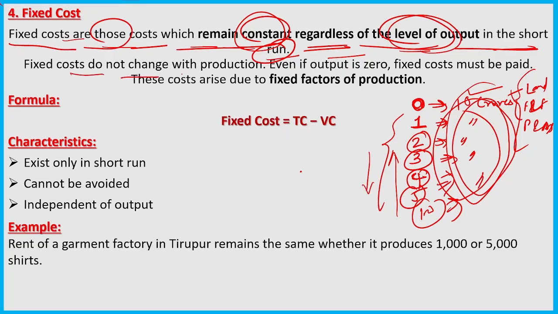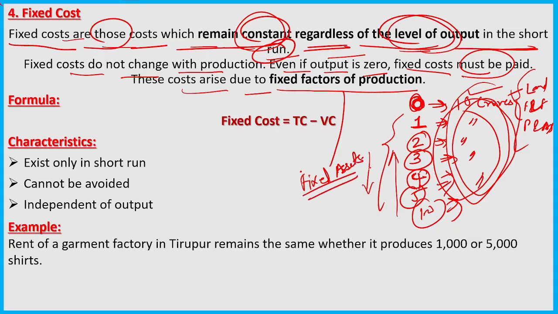Fixed costs do not change with the production level. Even if output is zero, fixed cost must be paid or it will remain the same. This cost arises due to fixed factors of production, that is, fixed assets. Understood? Fixed factors of production.